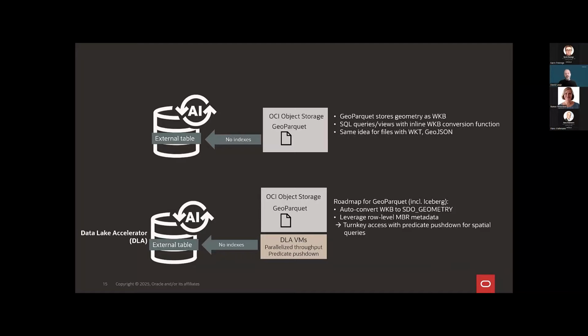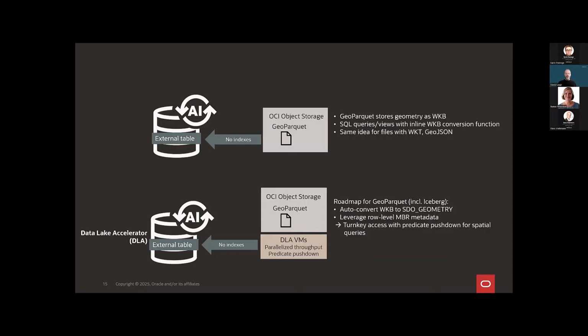But the other thing that it does that's going to be huge for us is that it supports predicate pushdown, akin to Smart Scan in Exadata, where filtering is happening down on the compute side. So you're not moving all of the data to the database like you are on the top picture. Specifically, the way that that is being enabled is that one of the specifications of GeoParquet is that there's metadata for every geometry that describes its bounding area.